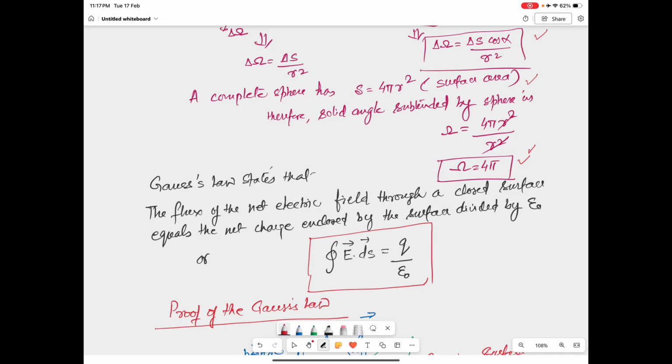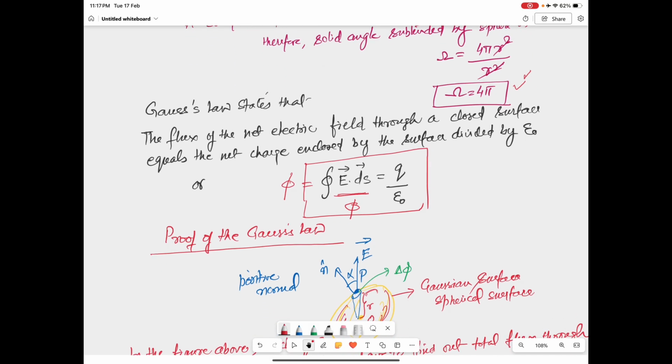This is the total flux through a closed surface, which we write as phi, equal to q upon epsilon naught. So this is Gauss's law.